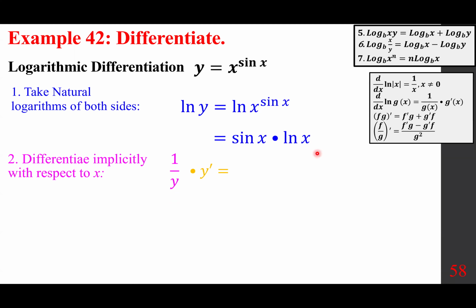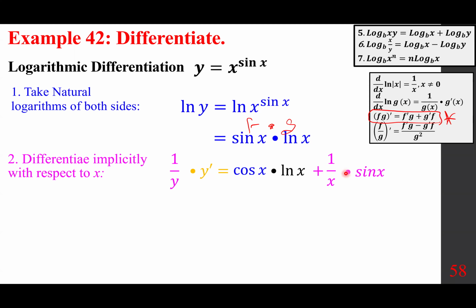The right side, we use the product rule on that, f times g. So sine becomes cosine times g. So f prime g, which is ln x, plus g prime, ln x becomes 1 over x, times f, which is sine x. And this is the extent of differentiation.